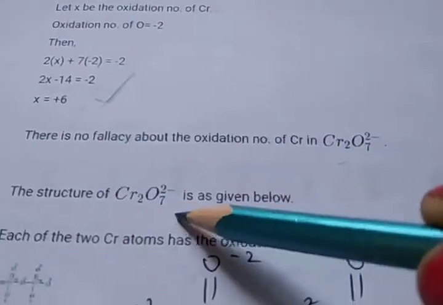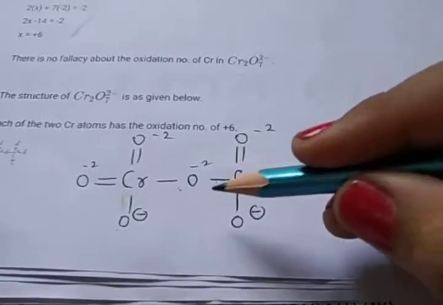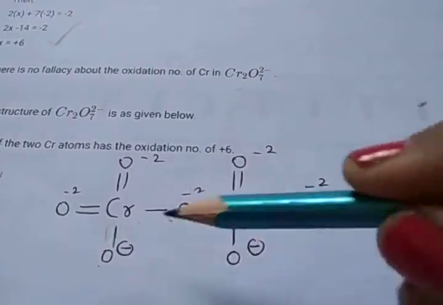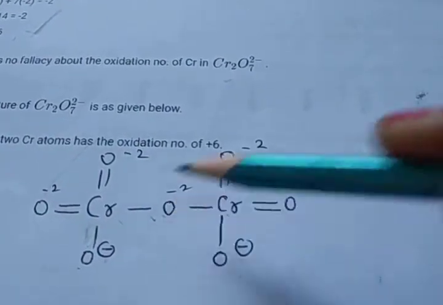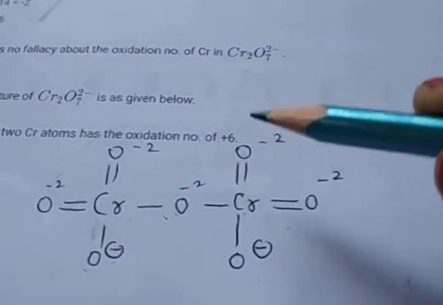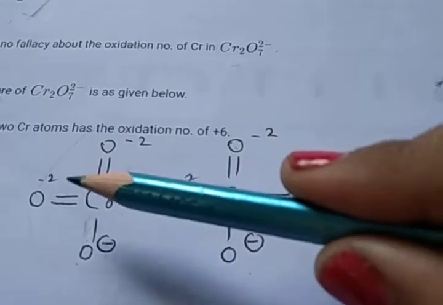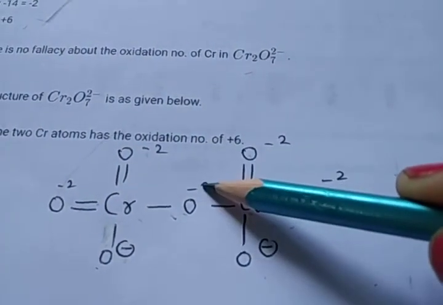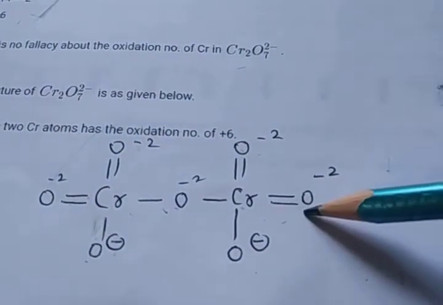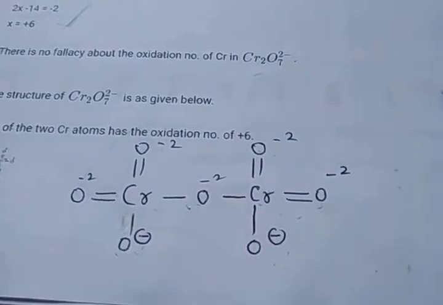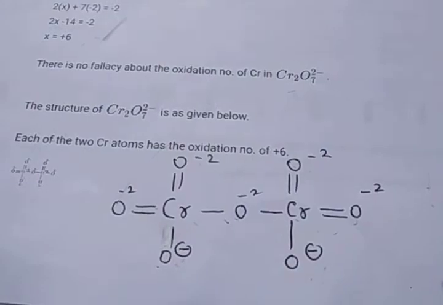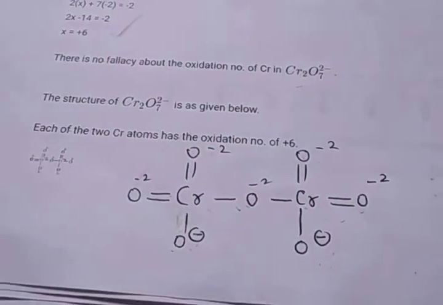The structure of Cr2O7 2-: there are 2 chromiums, and each chromium is attached to one double-bonded oxygen and two single-bonded oxygens, and the other is the same way. Here three oxygens have oxidation number -2, and the two bridging oxygens downside have oxidation number -1. So there is no fallacy, but again we find the oxidation number.